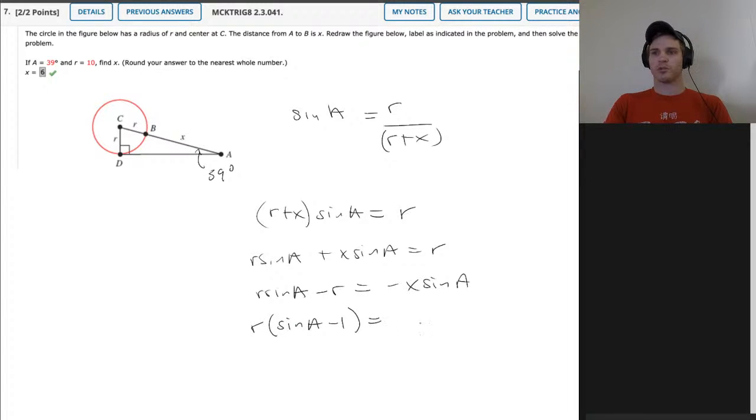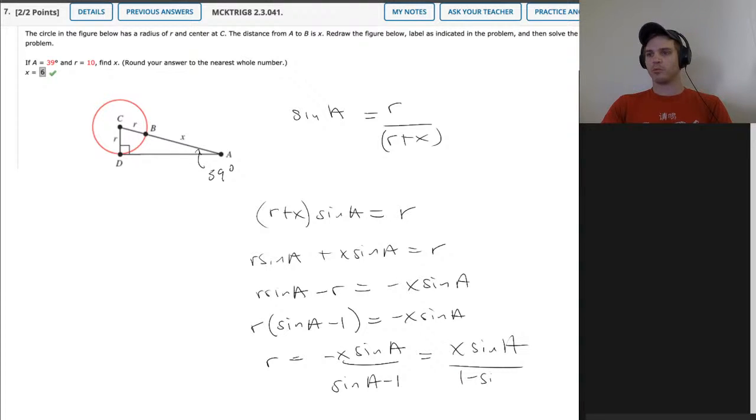Sine A minus 1 equals negative x sine A. And then divide by sine A minus 1 on both sides. And then we can just get rid of that negative in the numerator by making this x sine A over 1 minus sine A. I'm just doing that because I don't want to type a bunch of negatives in here if I can help it. Okay, so x is equal to, oh no, we're finding x.